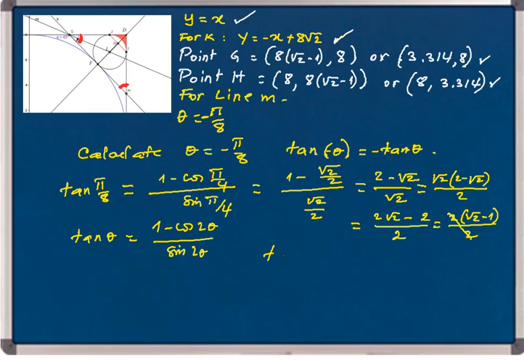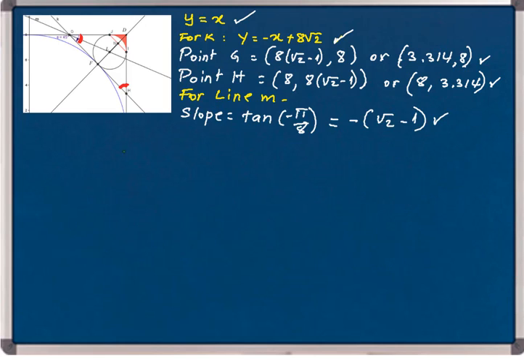Otherwise, tangent pi over 8 is equal to square root of 2 minus 1, bringing home that tangent of negative pi over 8 is equal to minus all that, minus square root of 2 minus 1. Okay?